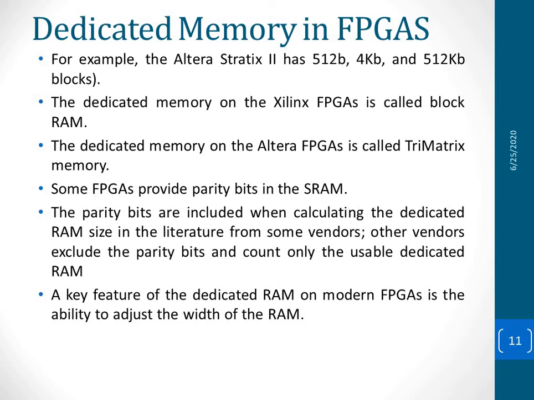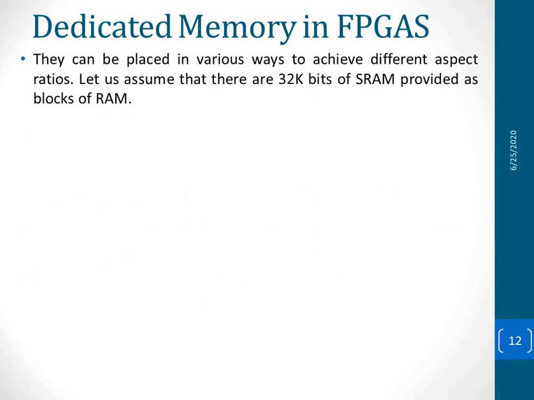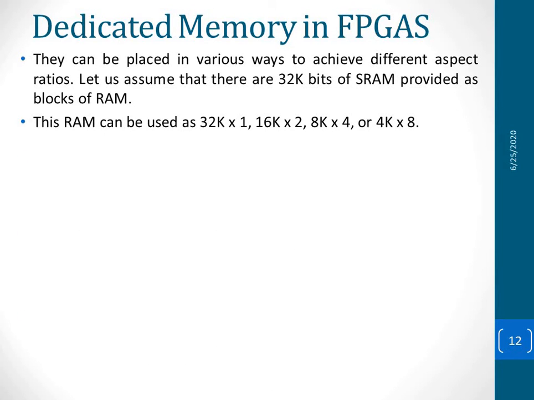A key feature of the dedicated RAM on modern FPGAs is the ability to adjust the width of the RAM. As shown in the previous table, there are several tiles or blocks of memory. They can be placed in various ways to achieve different aspect ratios. Let us assume that there are 32 kilobits of SRAM provided as blocks of RAM.